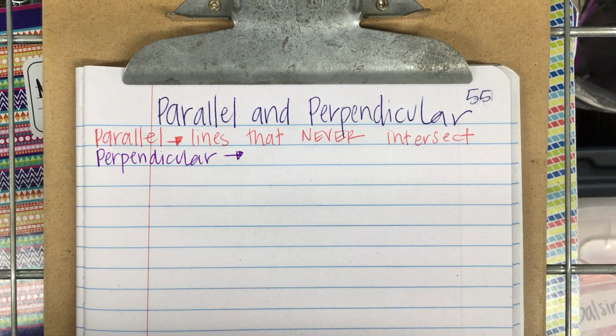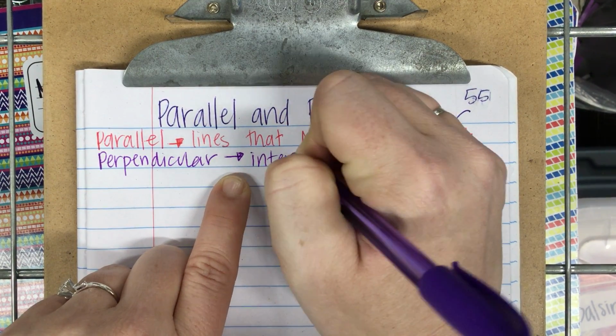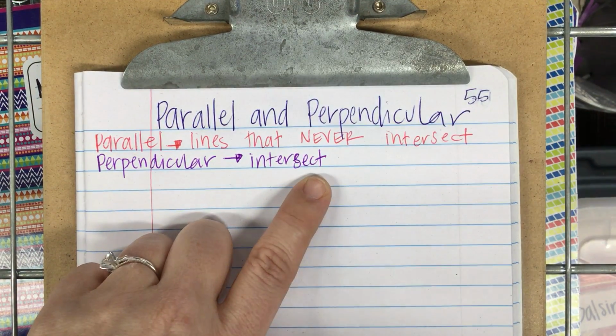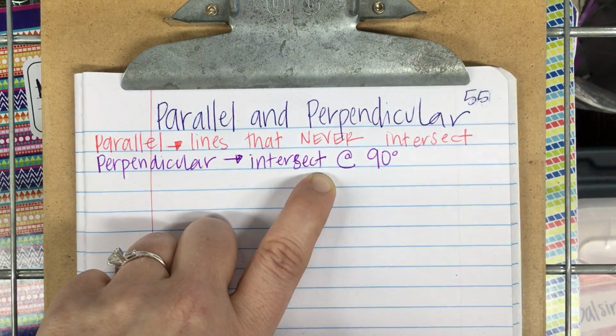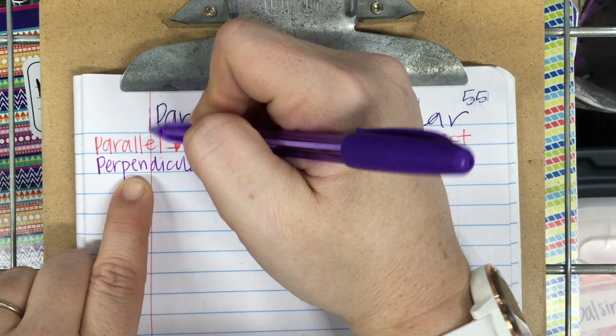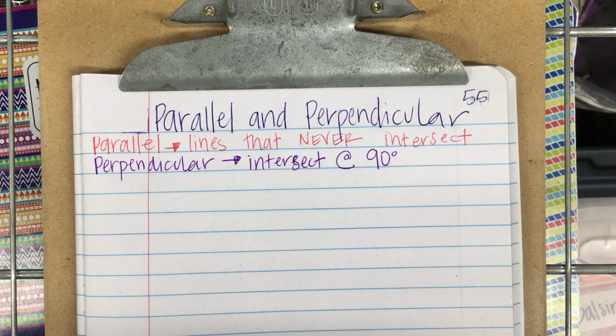A not straight angle. Joseph? A 90-degree angle. Perfect. They intersect, but more than intersect, they intersect at 90 degrees. They have to be perpendicular. This line and this line are perpendicular because they intersect at 90 degrees.